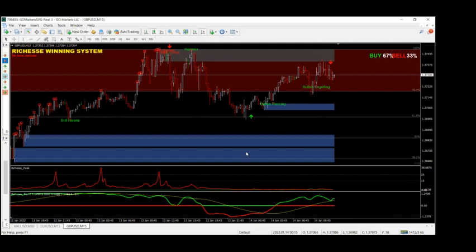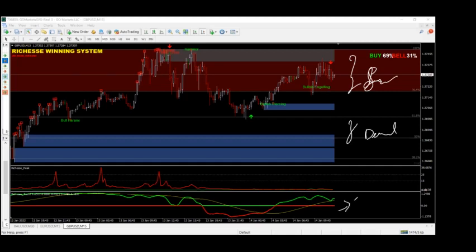Now this is your first indicator. It has three parts. This is the demand supply area. This is the indicator part where you can see the demand and supply area. This is supply and this is demand. Okay.